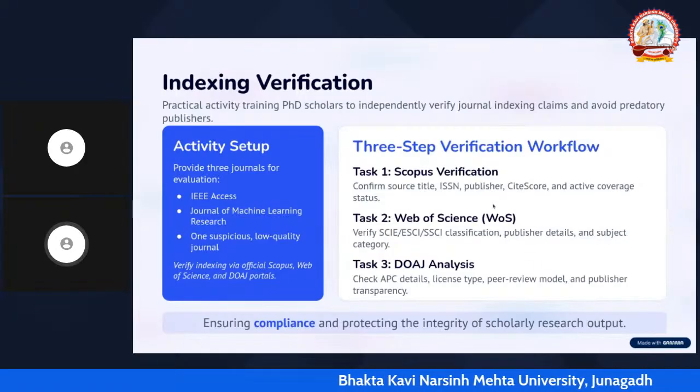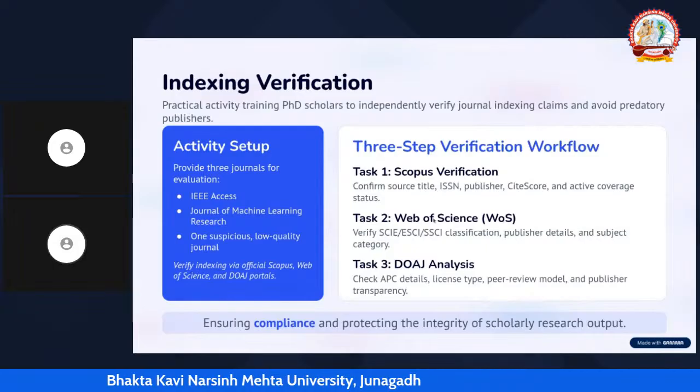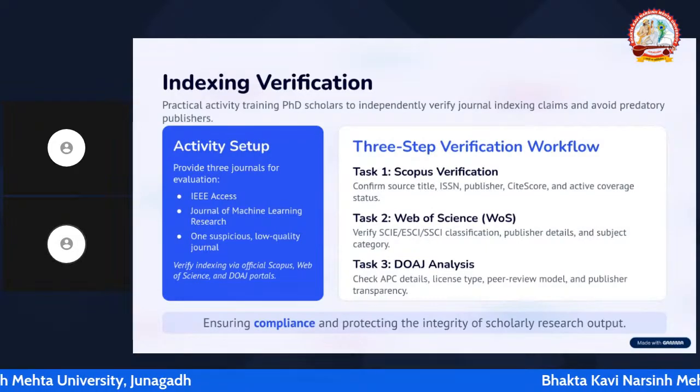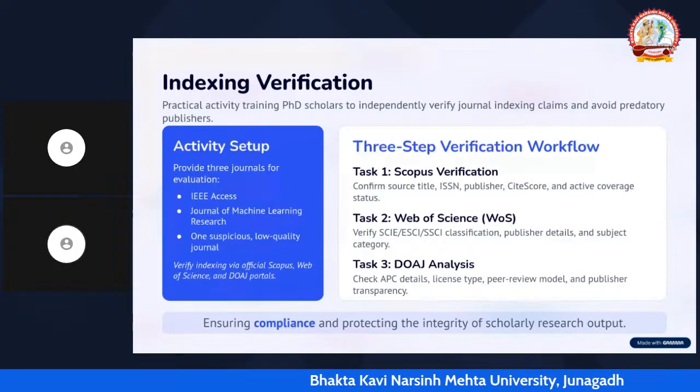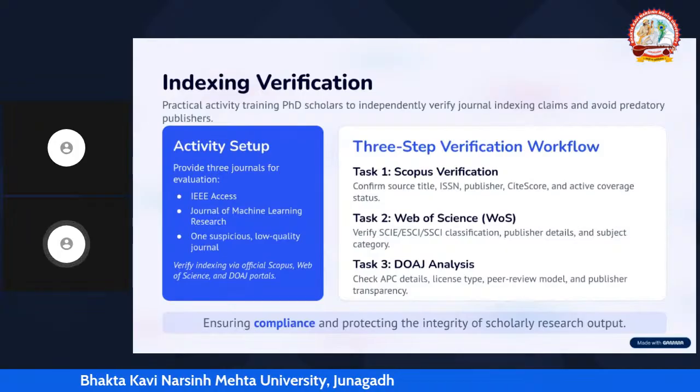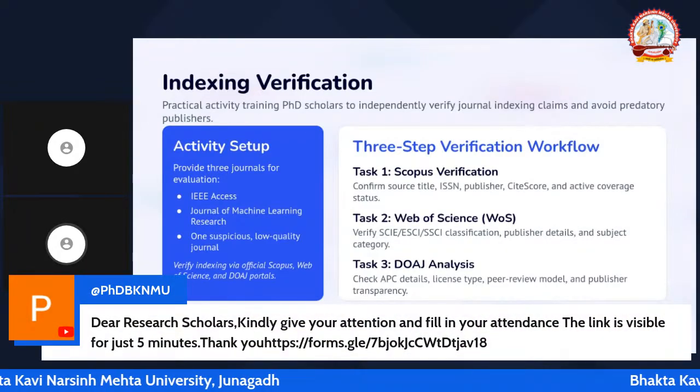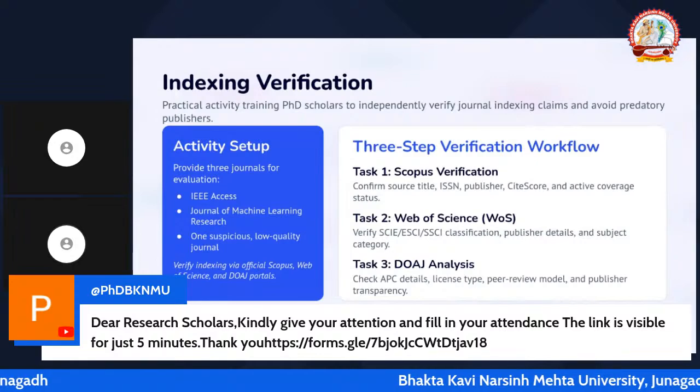Another one is Web of Science. You can verify the SSCI classification, publisher details, and subject category, through which you can identify Web of Science. And lastly, open access: these kinds of journals use a peer review model.